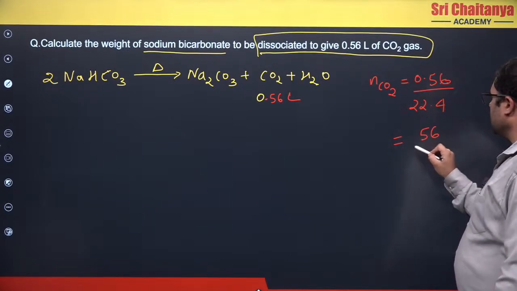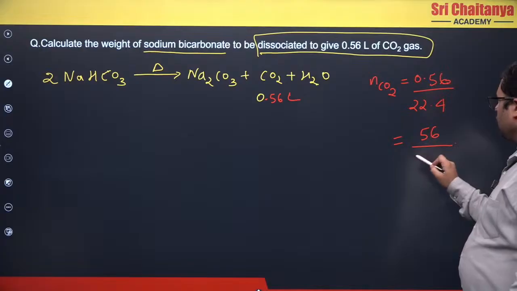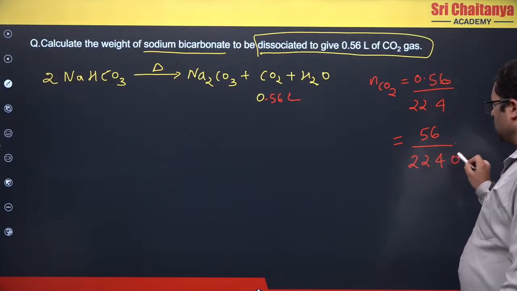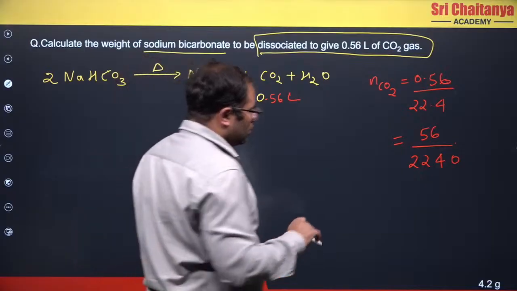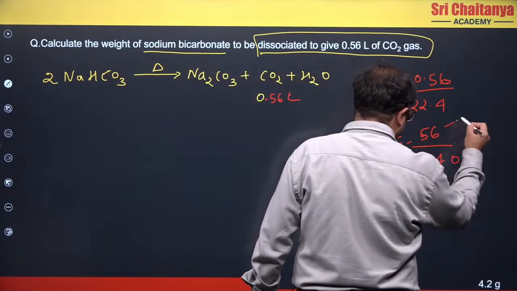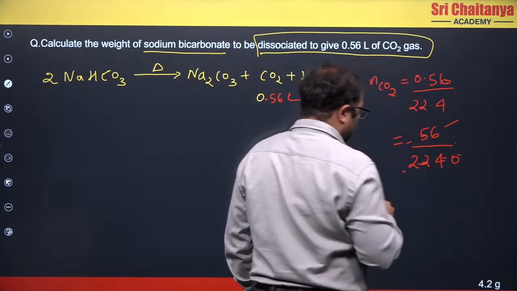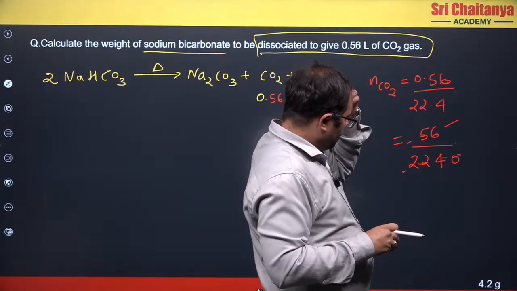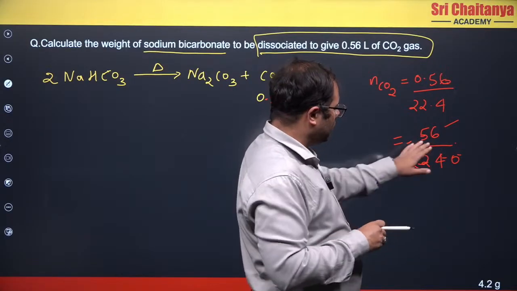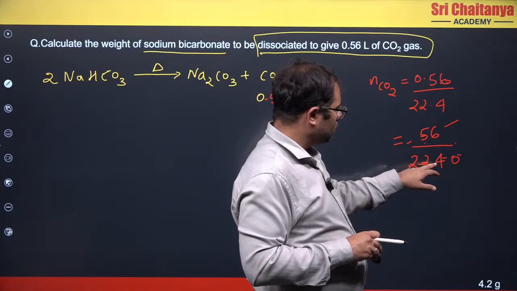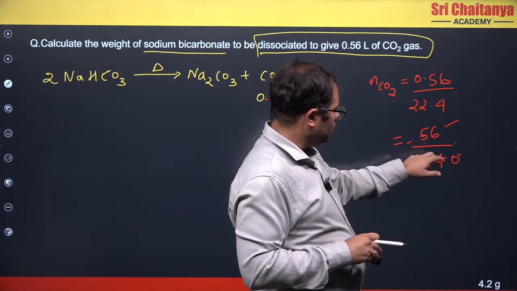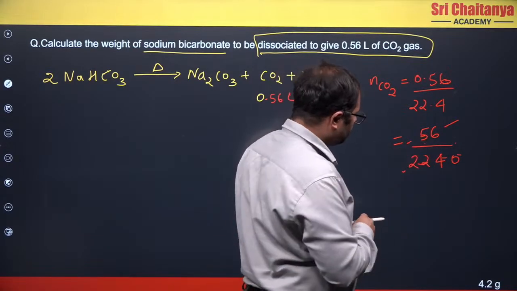So you have 56 by 2240, right? So I think this will cut 56 once, and if you multiply 56 by 4, 24, 4 fives are 20, yeah.